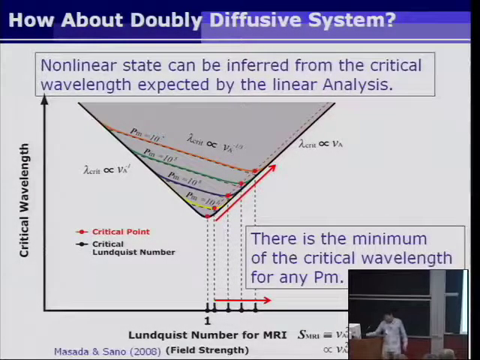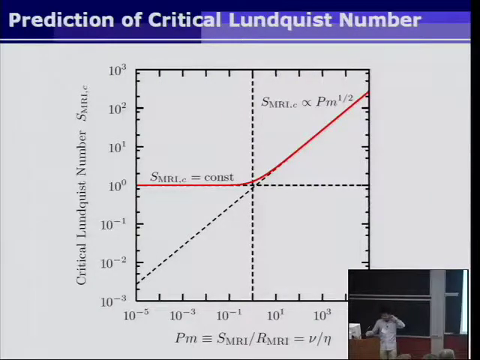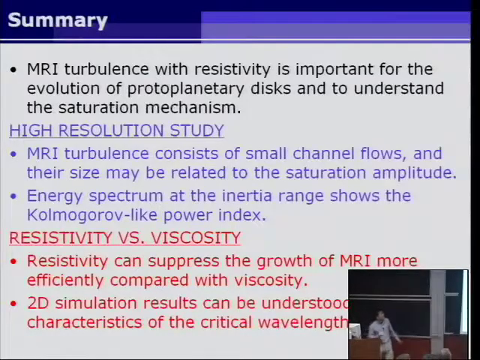This result suggests that the critical magnetic Reynolds number could depend on the Prandtl number. But this is just 2D, and it will be very interesting to compare with the nonlinear 3D result in the future. So this is a summary of this talk, and I'll stop here.